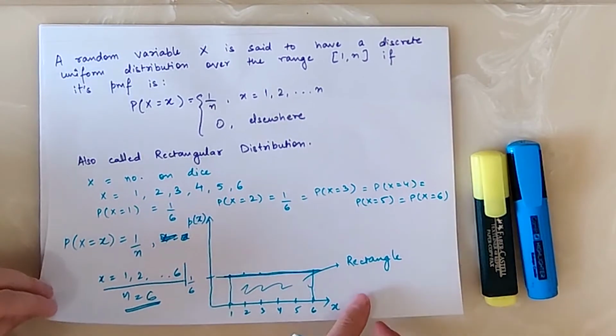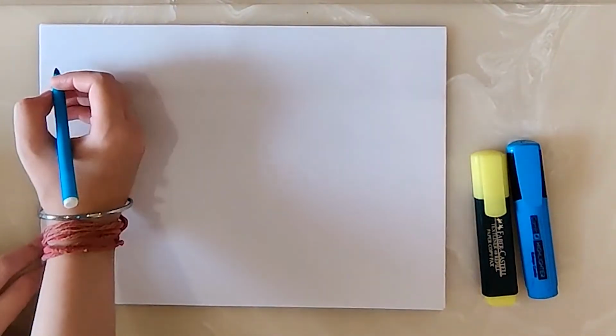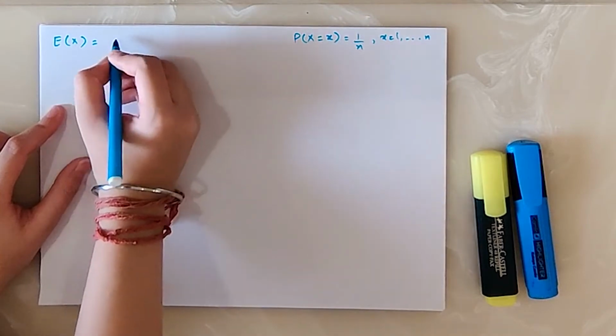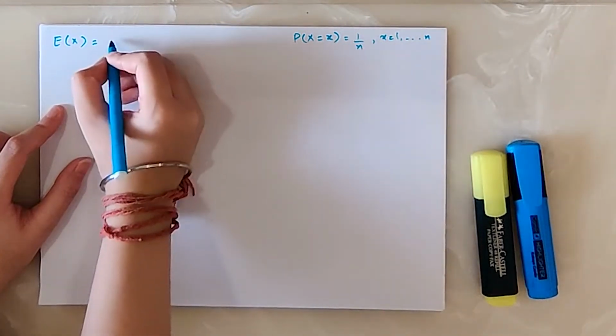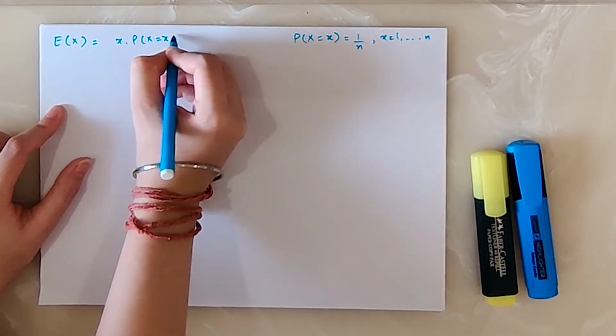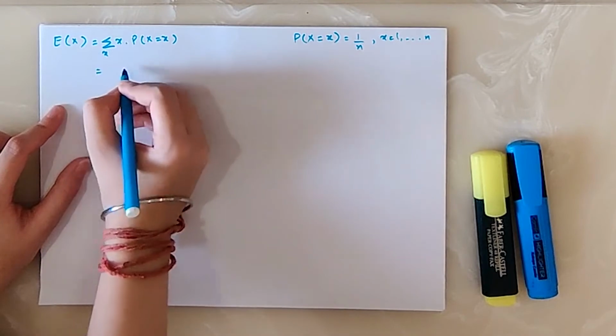Now let's move on to calculating the expectation and variance of X. First let's calculate the expectation of X. This is equal to summation over x of x into probability X = x.